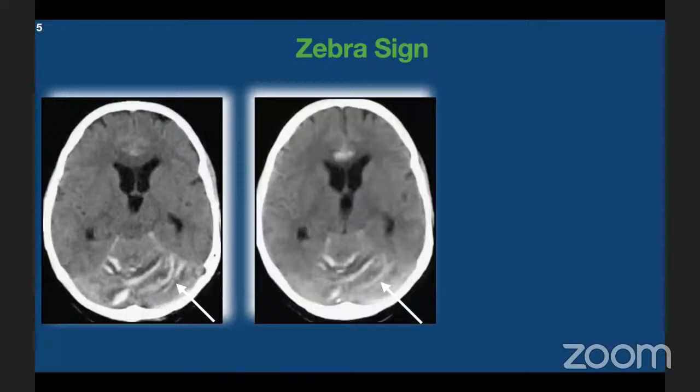This is also a zebra sign, but in CT scan. This is a non-contrast CT scan at day 4 in a patient who underwent uncomplicated craniotomy. It shows stripes of cerebellar folia bilaterally. It is due to the presence of high-density fresh blood in the subarachnoid space. Following the surgery, the patient was also slow to recover. This is due to the remote cerebellar hemorrhage.